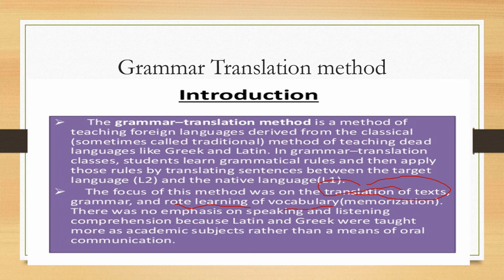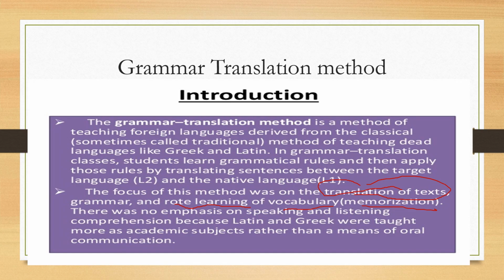Sunday is called Sunday in English and it's called something else in my native language. Monday is called Monday in English, whereas it's called another word for my native language. So this is how I'll draw a similarity, and I'll be learning with memorization techniques like rote learning, to remember what this word is called in my native language and what it's called in the target language.